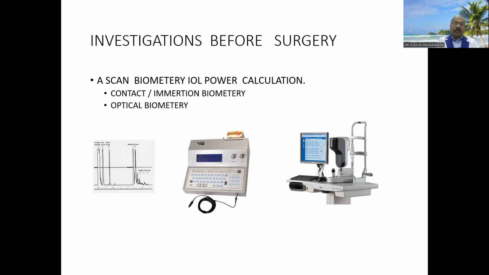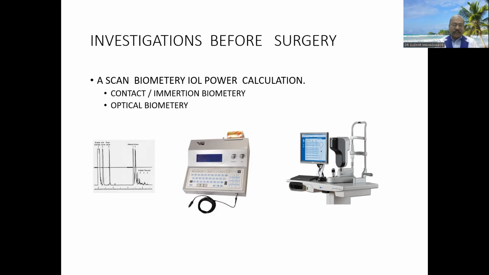The measurement of the lens power is done by A-scan biometry. There are certain formulae which calculate the IOL power. So you have to fill in the data of keratometry, the corneal curvature. The axial length is measured by a biometer, by ultrasound method.